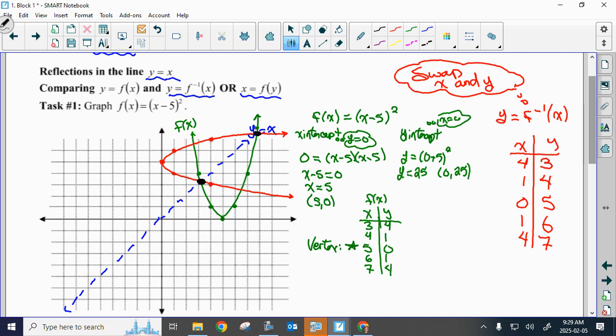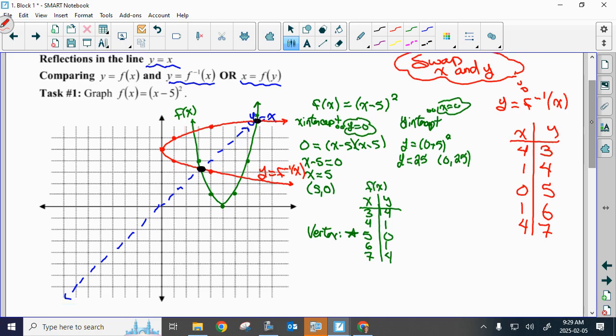So if we're reflecting across the line y equals x, invariant points land on the line y equals x. So this is my f of x. This is my y equals f to the negative 1 of x. This is your inverse. And if you were to fold on that blue line, y equals x, it would land on top of itself.